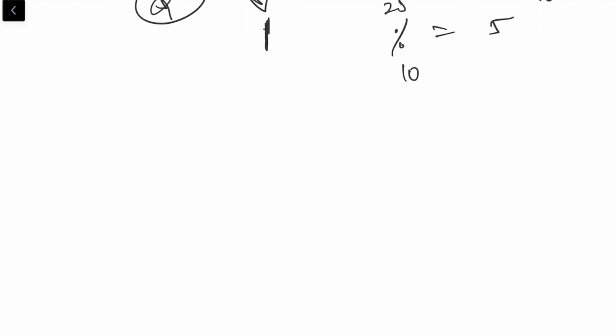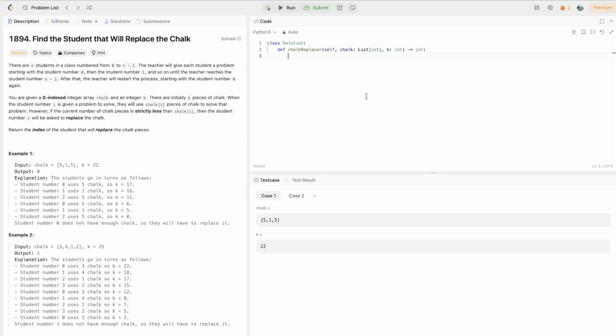Now let's see how to code. We'll find the sum. Sum of chalk is sum of chalk, and we already have k. So we'll replace k with k modulus sum of chalk. Now for i in range, we'll iterate over the array chalk.